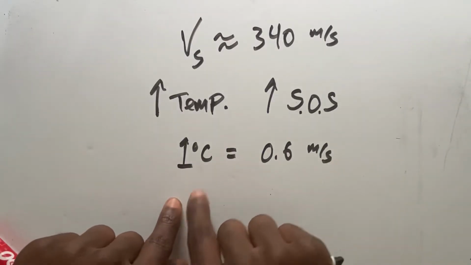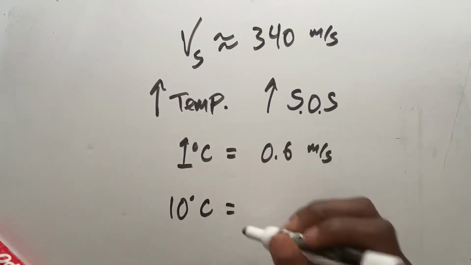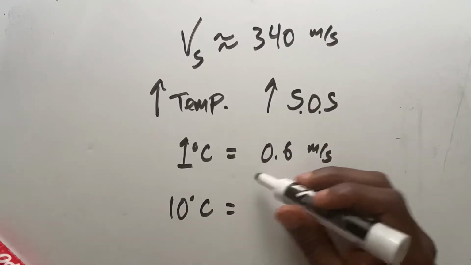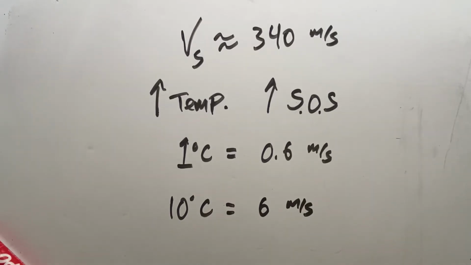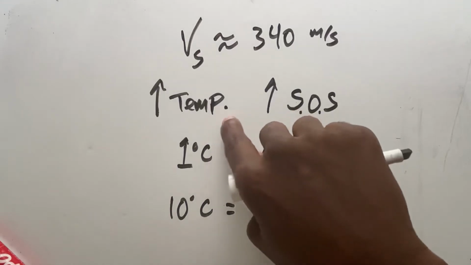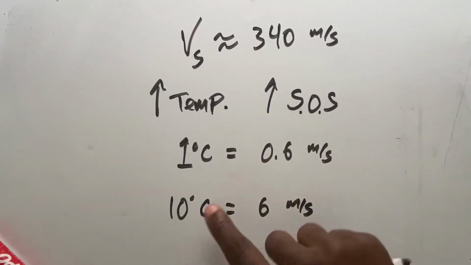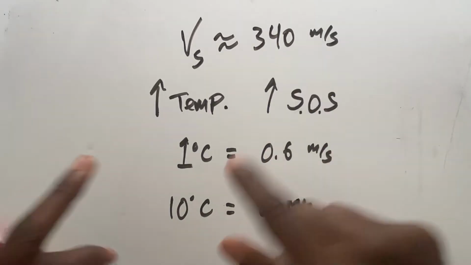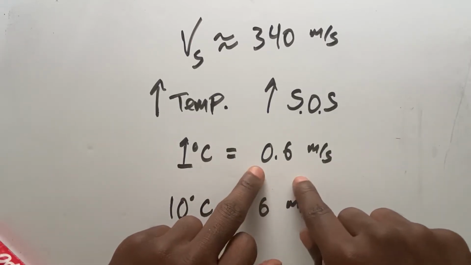So if there is a temperature increase of 10 degrees, then the speed of sound is going to increase by 6 meters per second. And the same vice versa. If you lower the temperature, then that would lower the speed of sound by this same ratio. So if we decrease it by 1 degree Celsius, you decrease the speed by 0.6 meters per second.